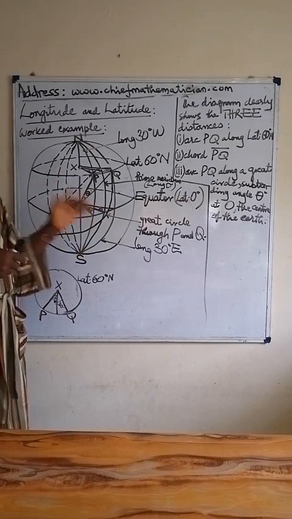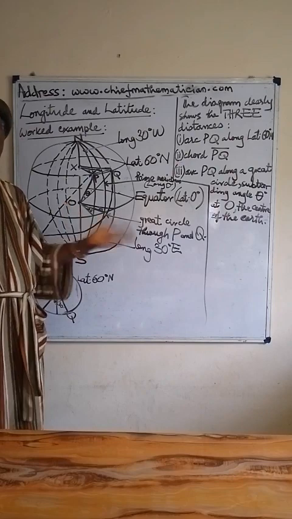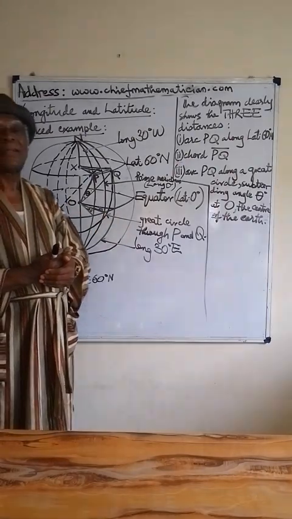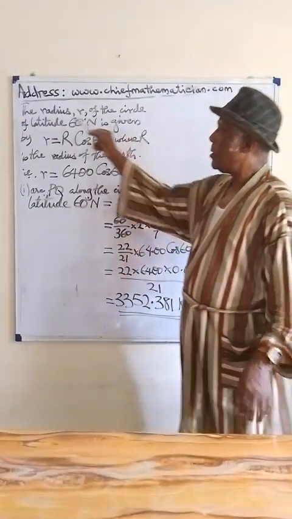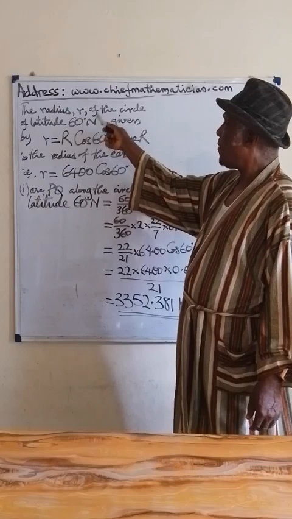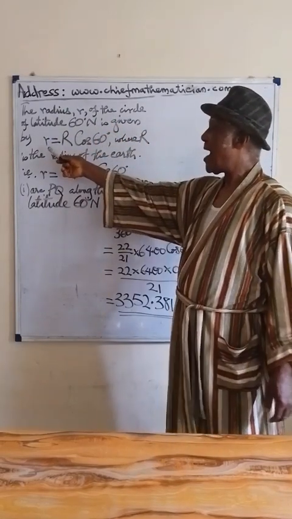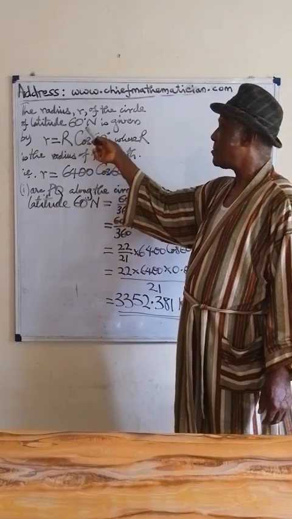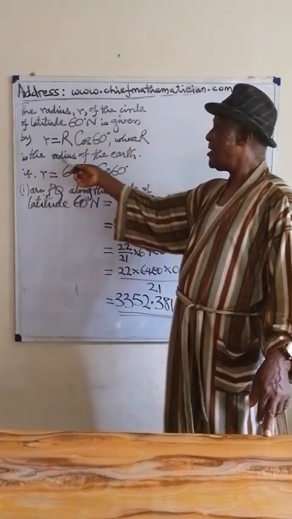Please pay attention to this example, because with it, you can attempt any problem on longitude and latitude. The radius r of the circle of latitude 60 degrees north is given by r equals capital R cos 60 degrees, where this capital R is the radius of the earth.